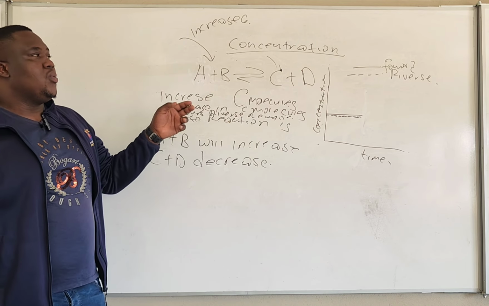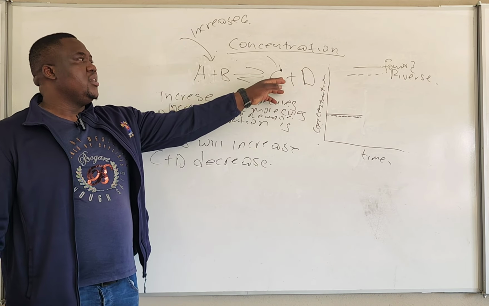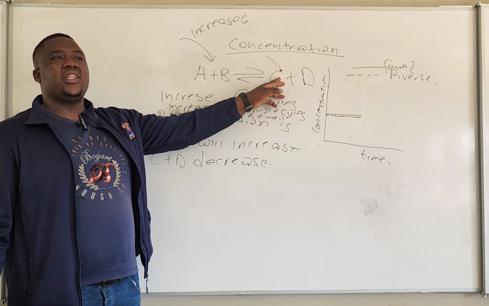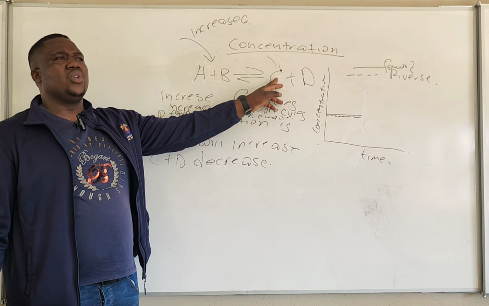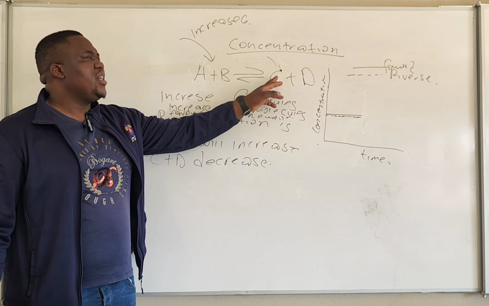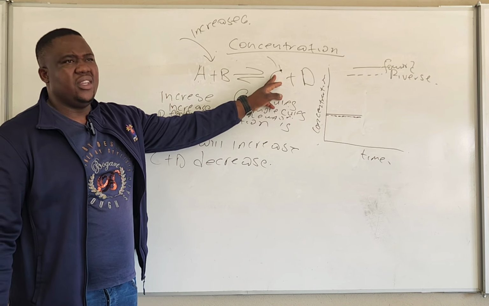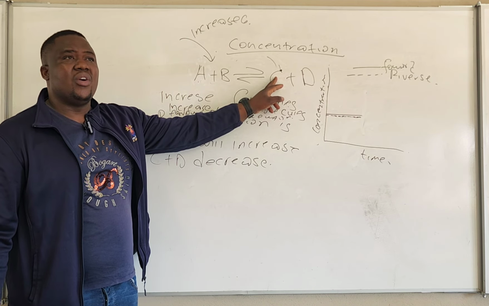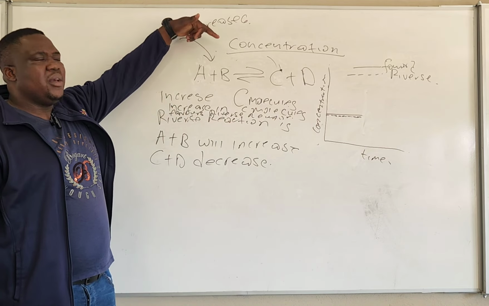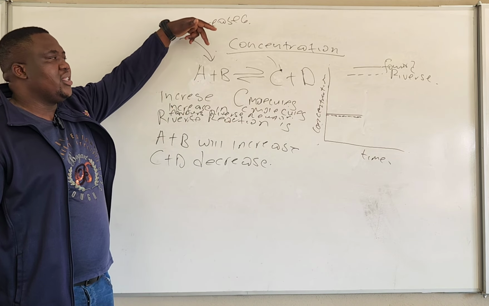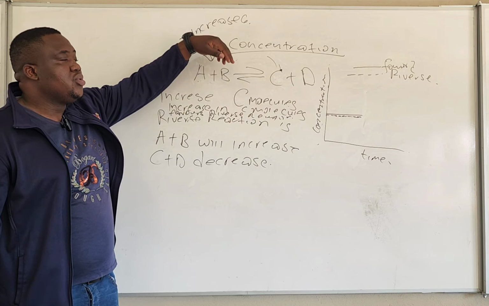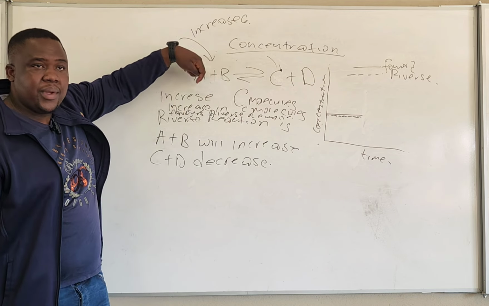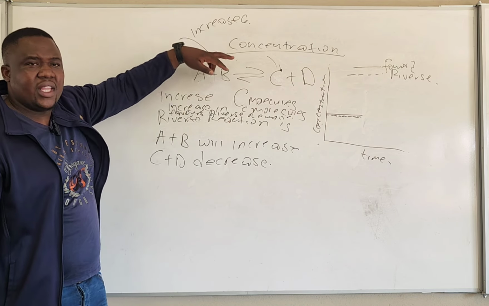You understand? What did we do? We increased C. We disturbed the equilibrium by increasing the concentration of C. So what must we do to return to equilibrium? We have just increased the concentration of C, meaning that we need to get rid of the C molecules that we increased. Meaning that if we want to get rid of the C molecules, we need to produce A and B, converting those products back to reactants.